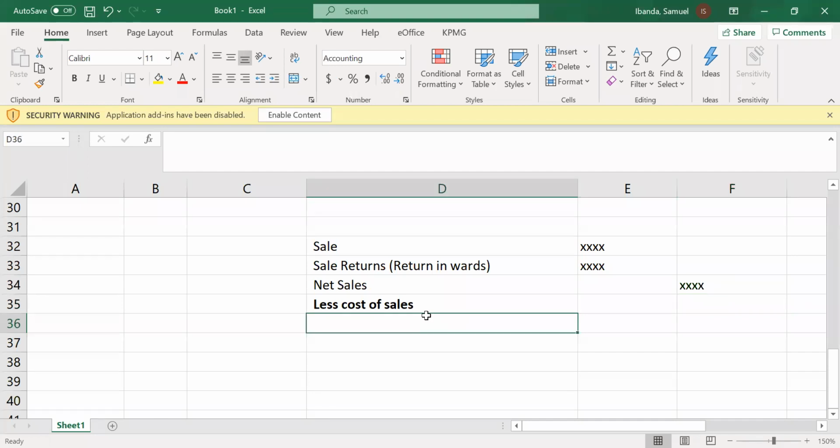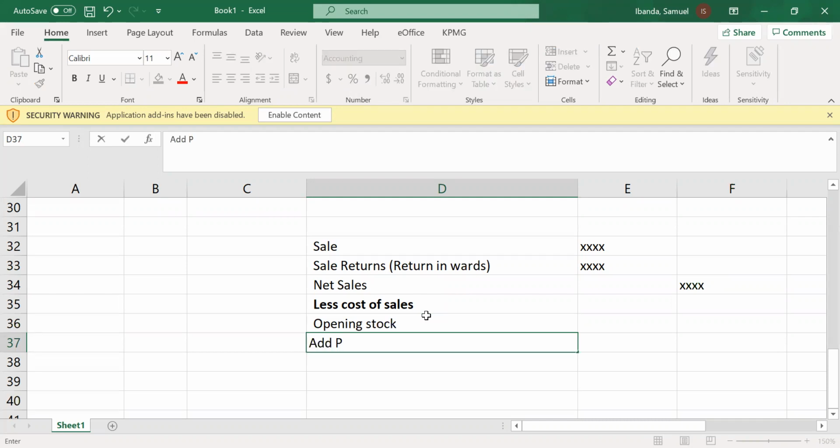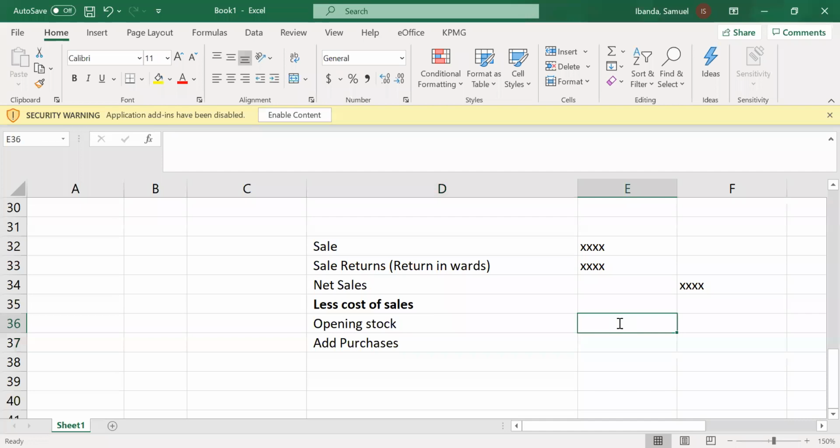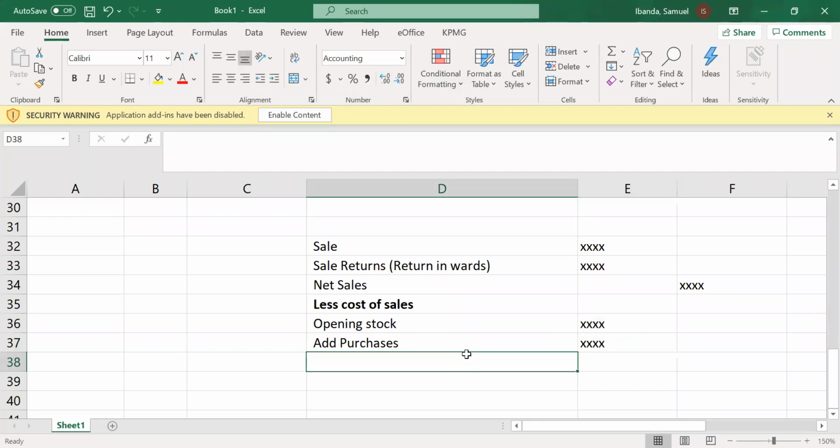So after that, we do less cost of sales. Now, how do we calculate cost of sales? We start with opening stock, we add purchases. Now, purchases have adjustments to them. Just like the way we adjusted sales returns on sales, purchases also have an adjustment to them.